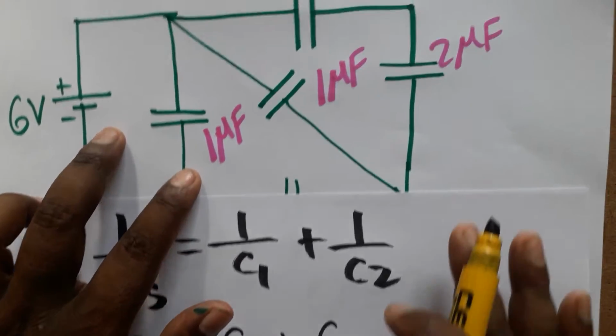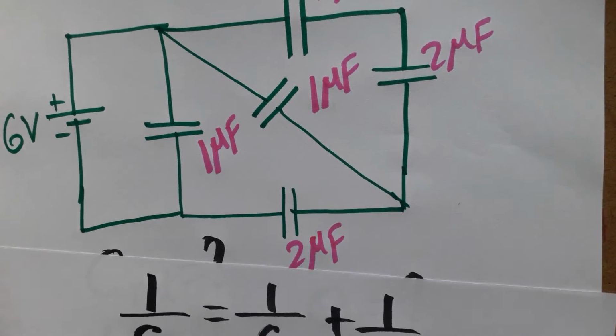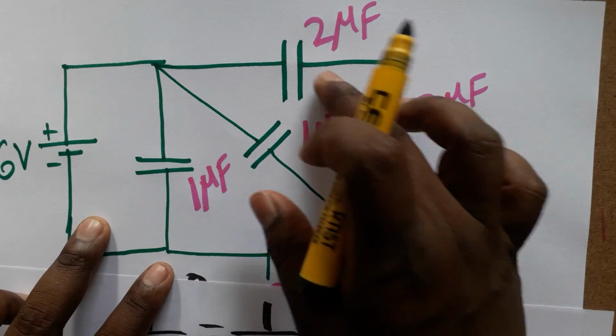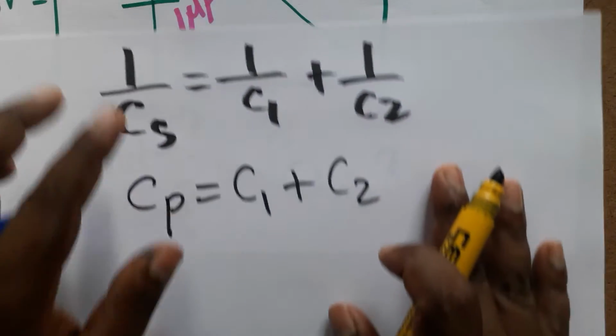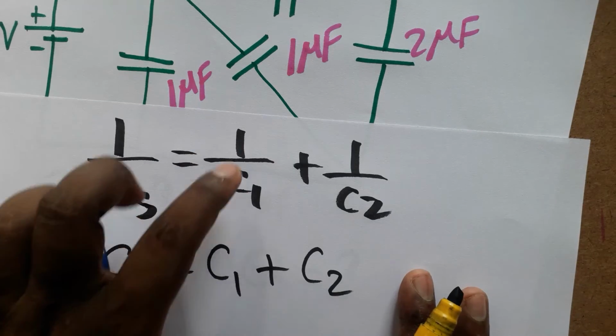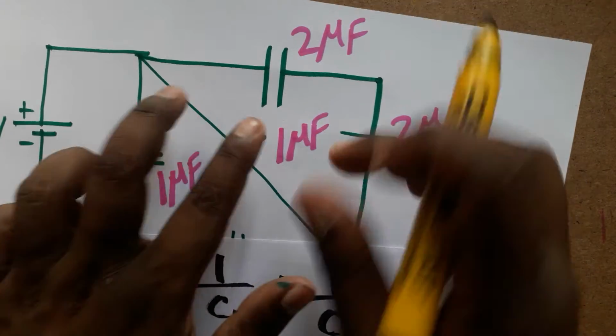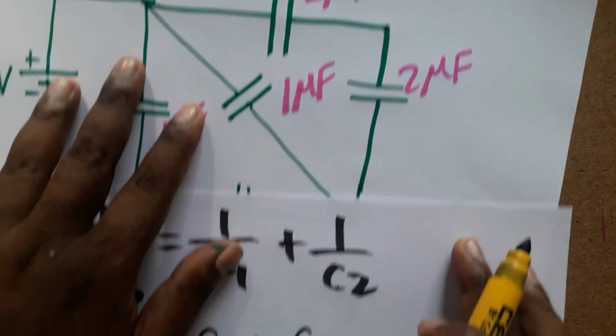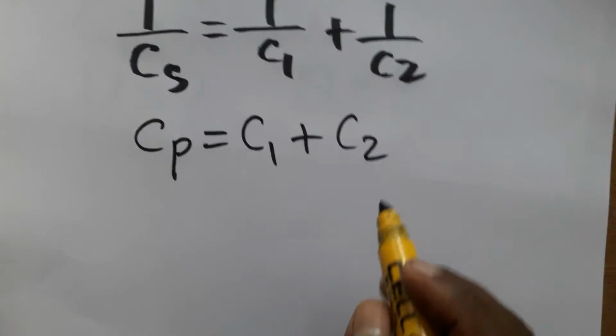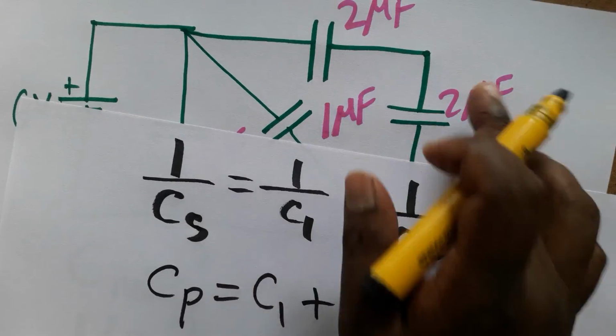So see here, first I am going to start with the very small part. These two are in series, so I am going to solve them first. In series, 1 by Cs equals 1 by C1 plus 1 by C2. So it is 1 by 2 plus 1 by 2.